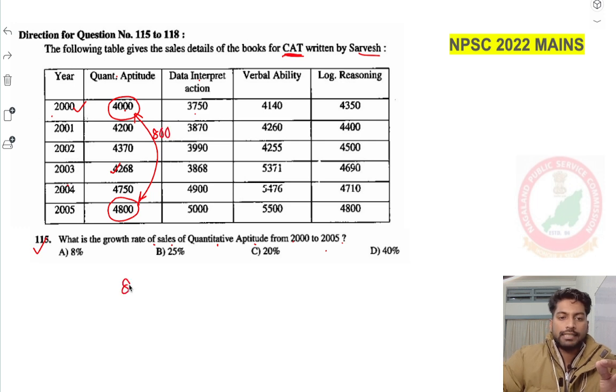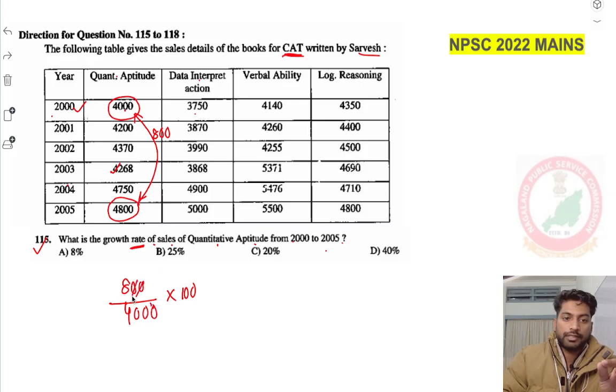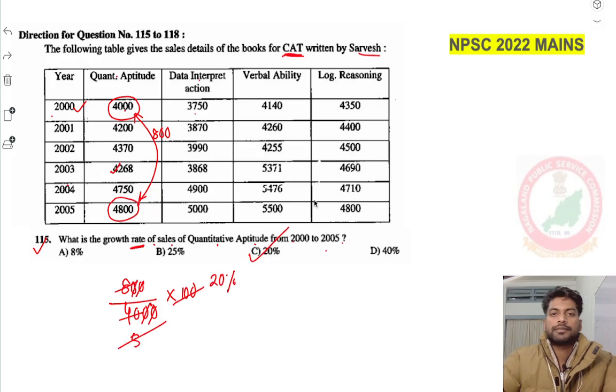So 800 growth from 4000. If you want the percentage rate, 4000, the zeros are gone, 8 by 5 hundred, that is 20. So the growth rate is 20%. Easy one. The first DI was easy.